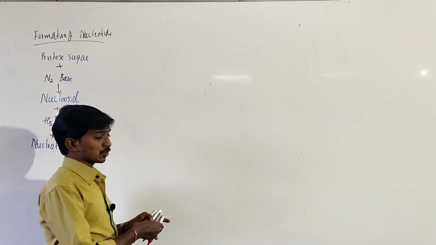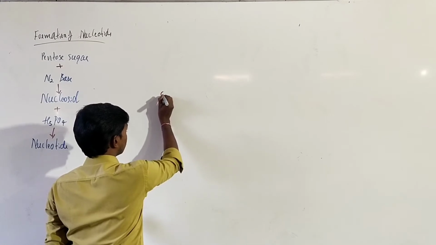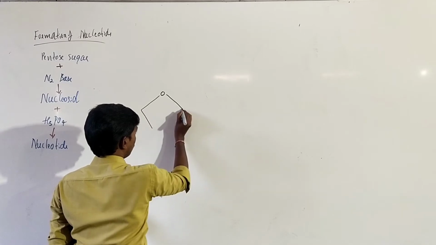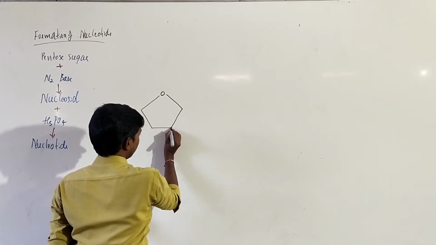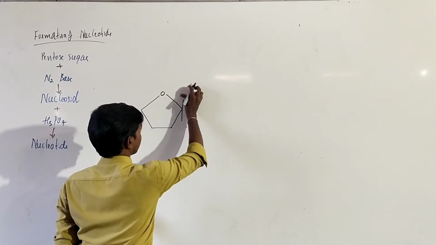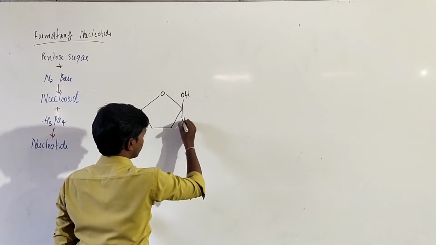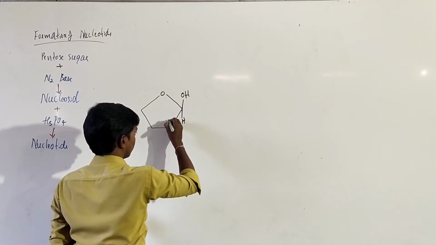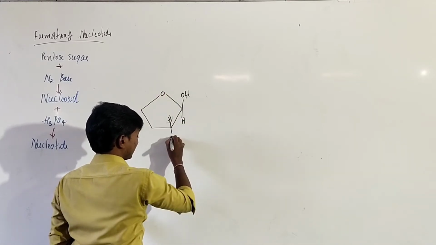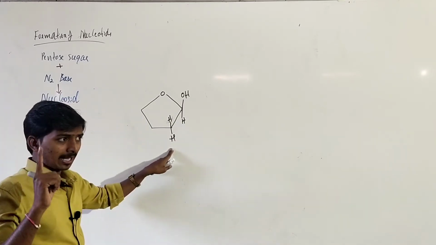We will see this sequence with structure. For that we should draw a pentose sugar with 5 carbons. Among the 5, 4 carbons are in the ring, and the other one is in the form of a long R. Here OH, and H. Remember, this is also H in case of DNA, and this is OH in case of RNA.